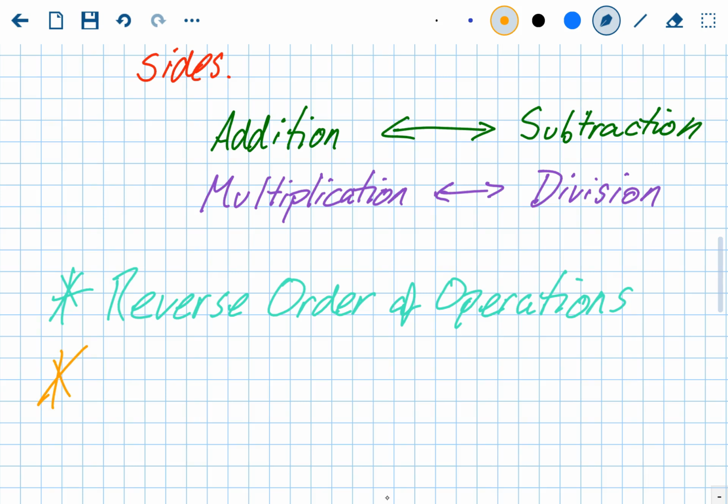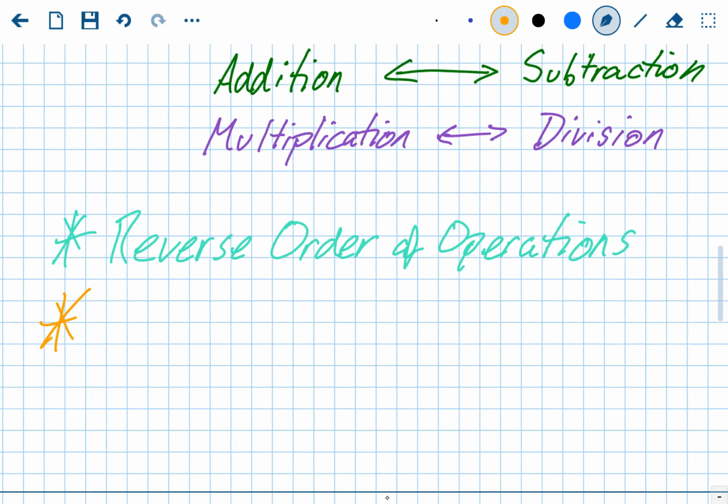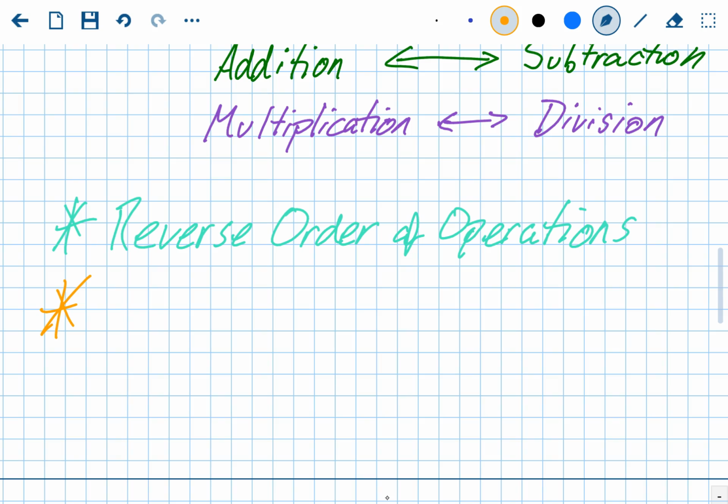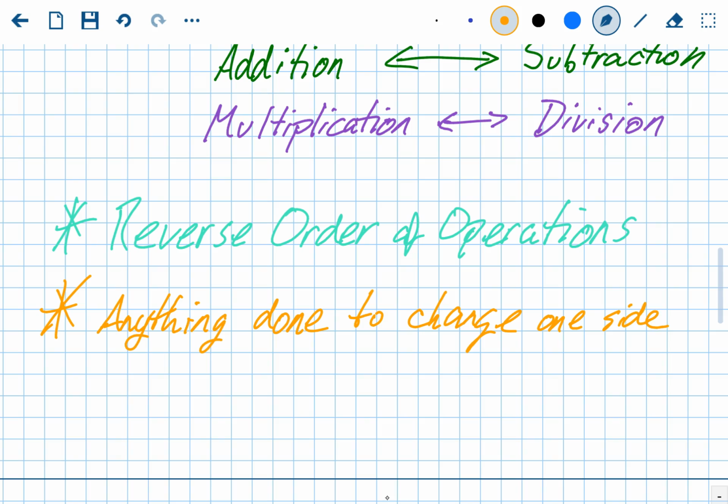And the second key thing to remember when you're doing these is that anything you do to change one of the sides has to be done to the other side. Anything done to change one side has to also be done to the other side.